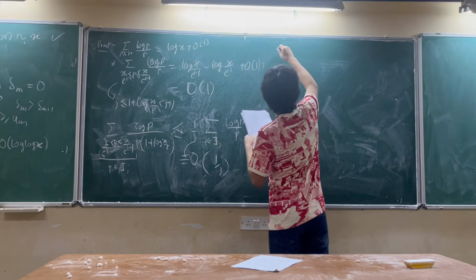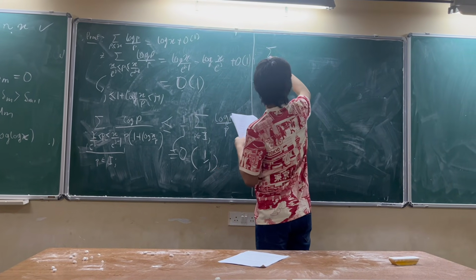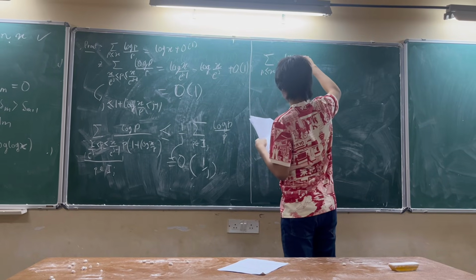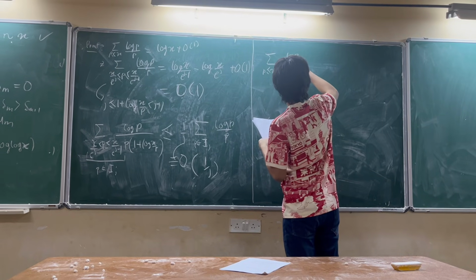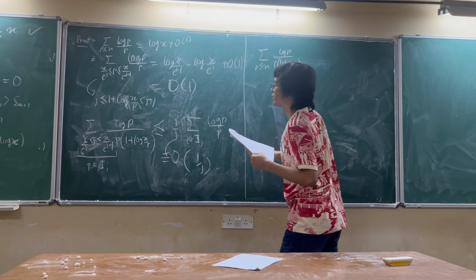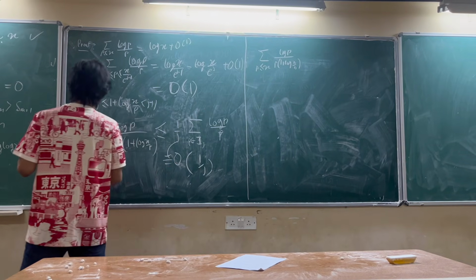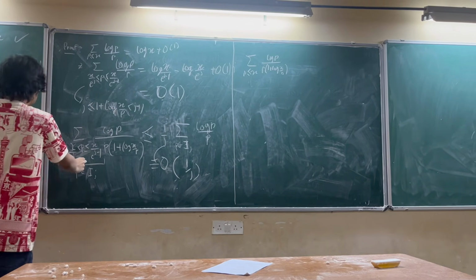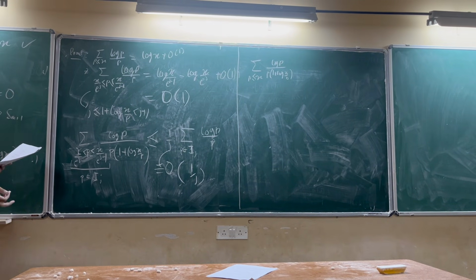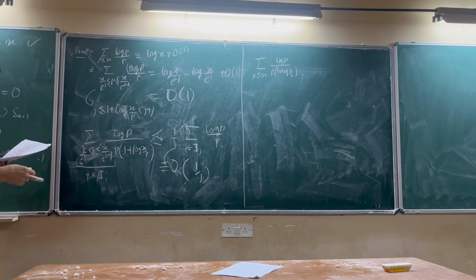So you have summation p less than or equal to x of log p by p, 1 plus log x by p. Now when we break down this interval 1 to x into these subintervals, how many of them will there be? There will be the floor of natural log of x, plus 1.